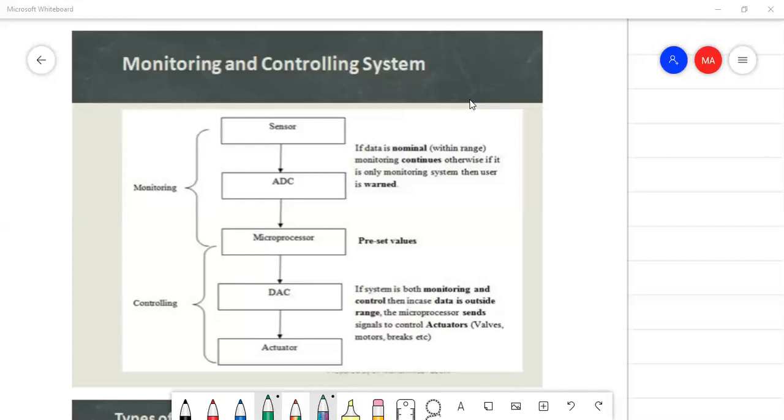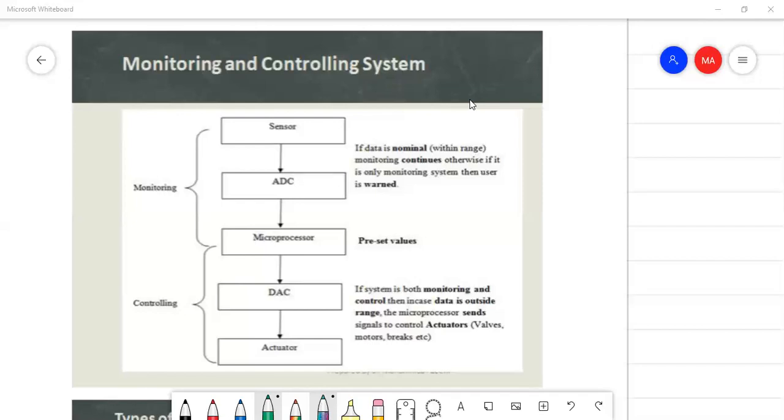Is that clear to all of you? Nominal means an accepted value for a system, and the system works properly. If your received value through a sensor is within the nominal range, the system works properly.